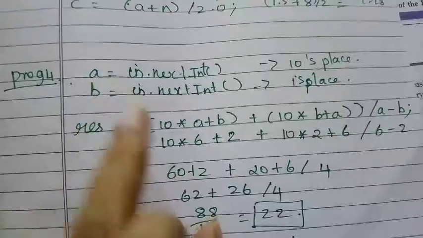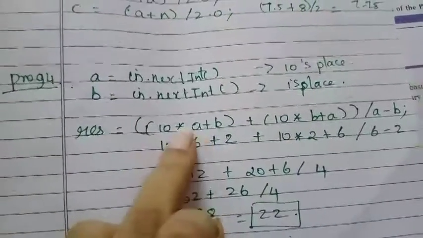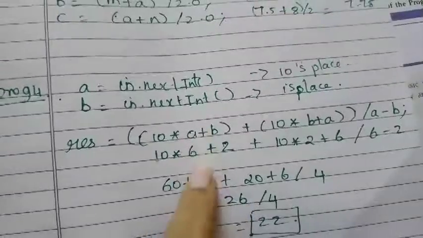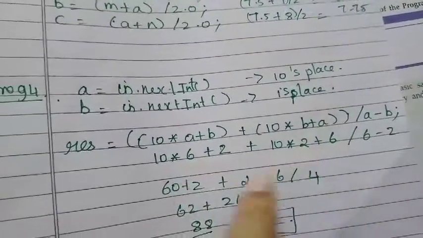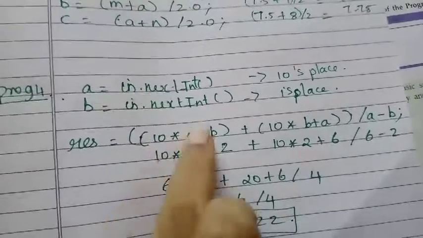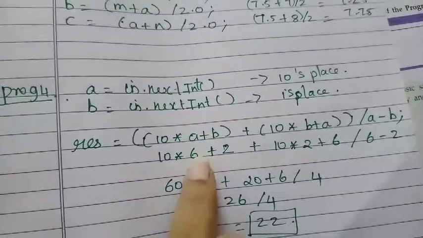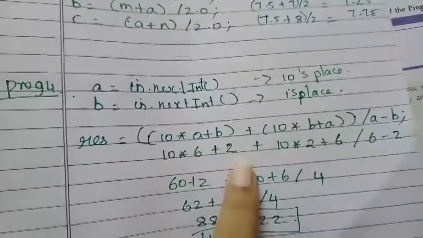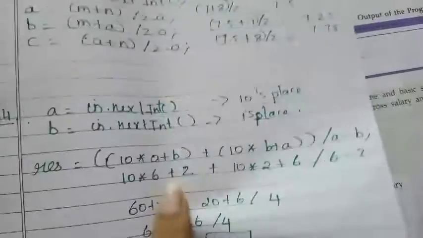Since a is in the tens place, 10 into a gives you the tens place value. For example, a value is 6 and b value is 2. So 10 into 6 gives you 60. So 60 plus 2 is 62.